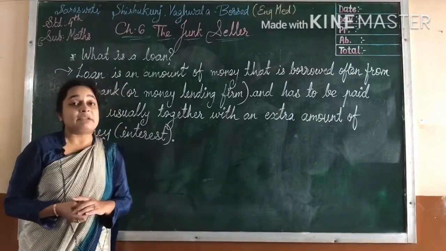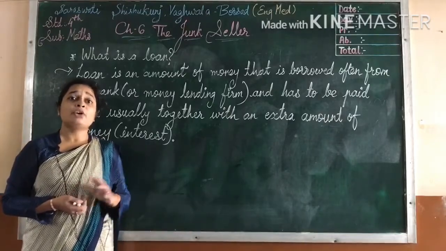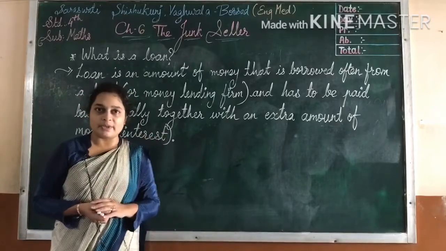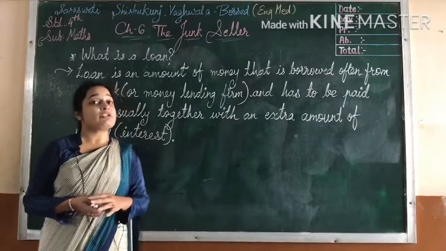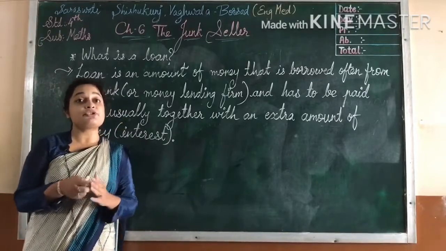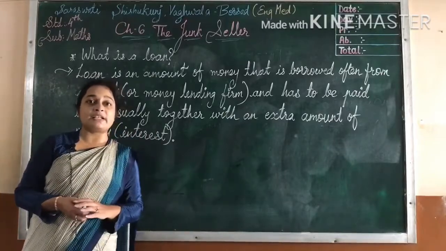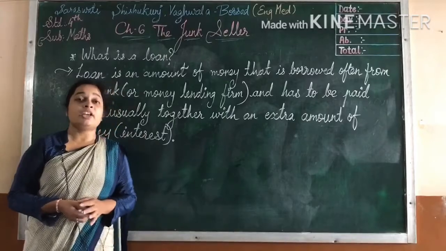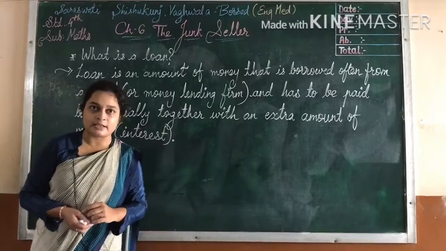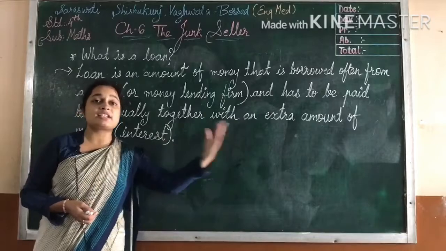Again, let me give you an example. If you have borrowed 1,000 rupees from your brother, and after a few months you give that 1,000 rupees back, but with it you pay 200, so you give 1,200 rupees, how much are you giving to your brother now? 1,200 instead of 1,000.